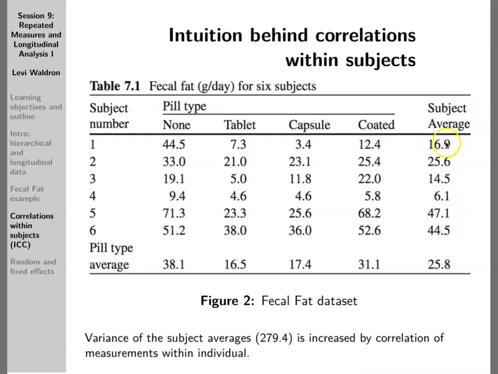Well, you remember that for independent measurements, the mean was given by the central limit theorem. The standard deviation of an average was equal to the individual standard deviation divided by the square root of the sample size.